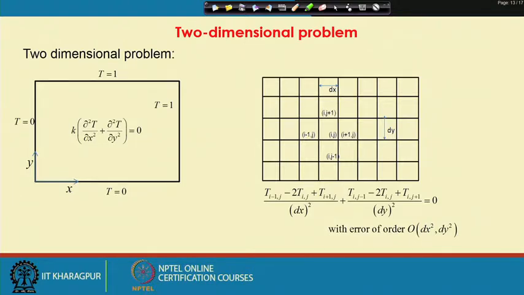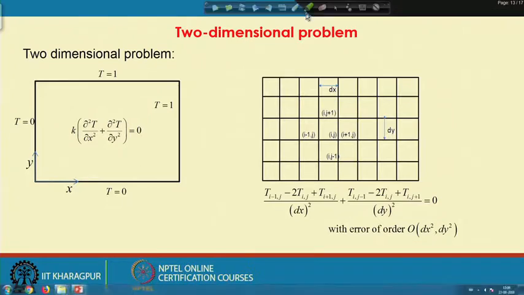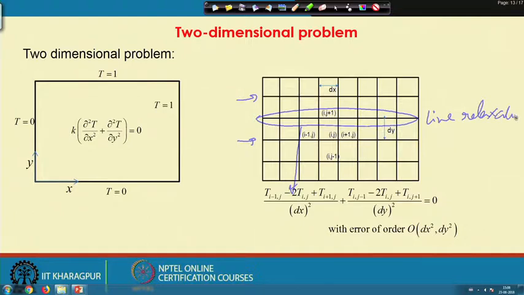Important is that in any step we assume that we already know the solution here, which are the guess solutions, and try to find the solutions here, say try to solve this particular equation here, and that is why we called it line relaxation, because we are relaxing the line and getting the solution on that particular line. We are not considering going across the line in these steps.